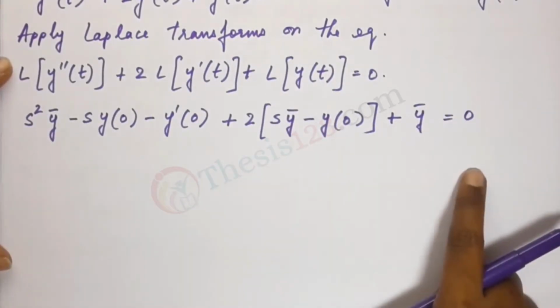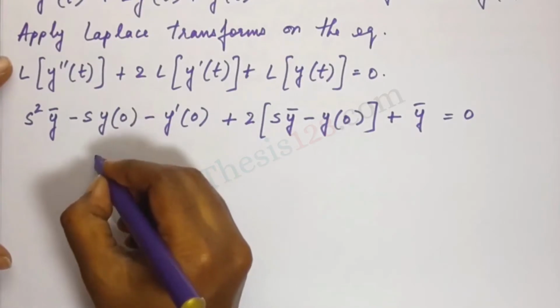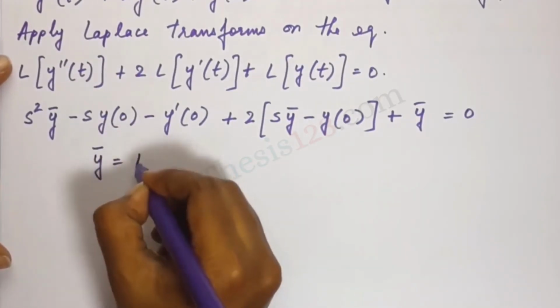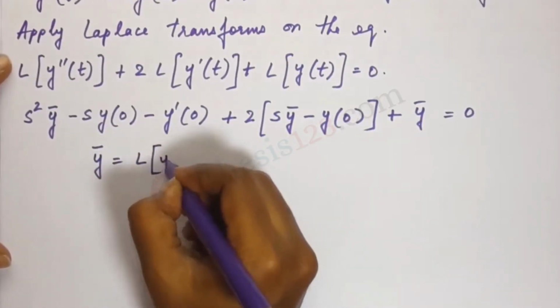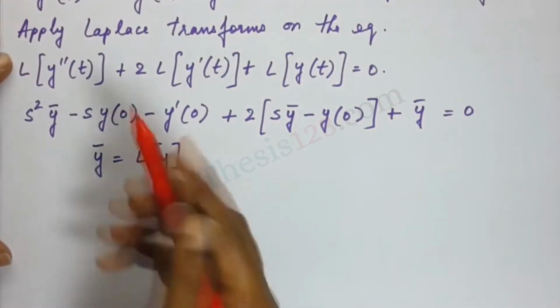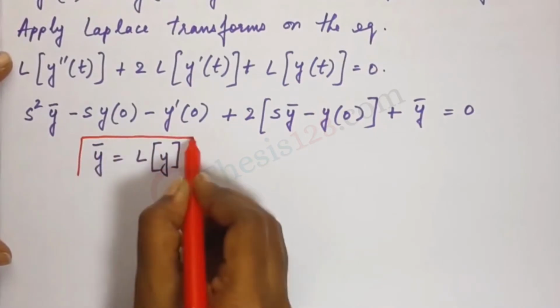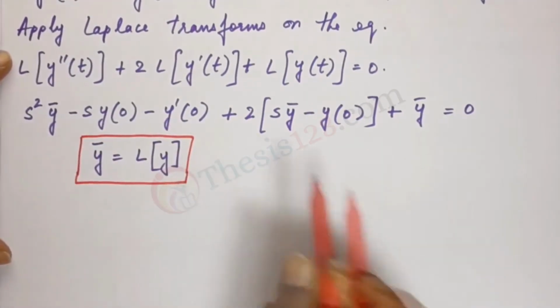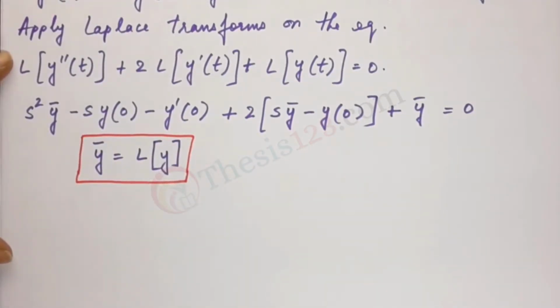Okay, so we have this. Now you should know that y bar is actually just Laplace of y. That's the general notation. Instead of writing Laplace of y, we write it as y bar. Okay? So, next.